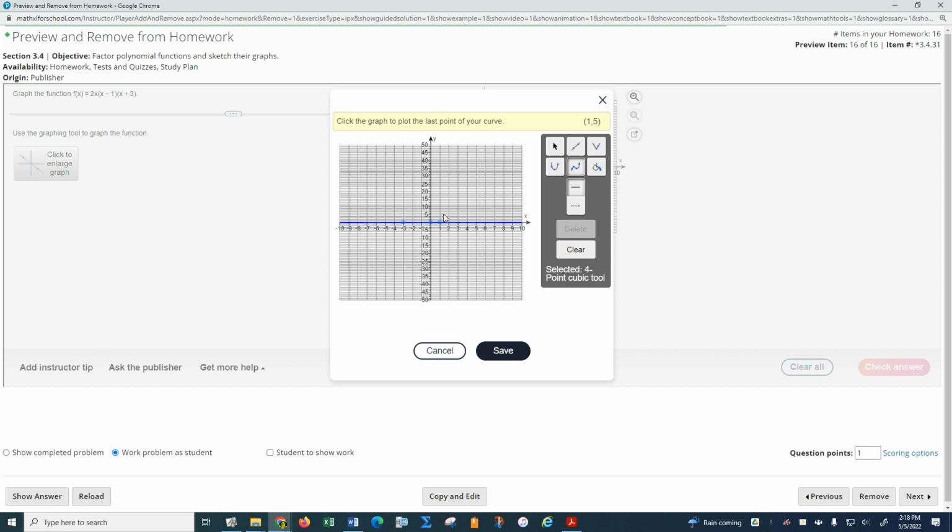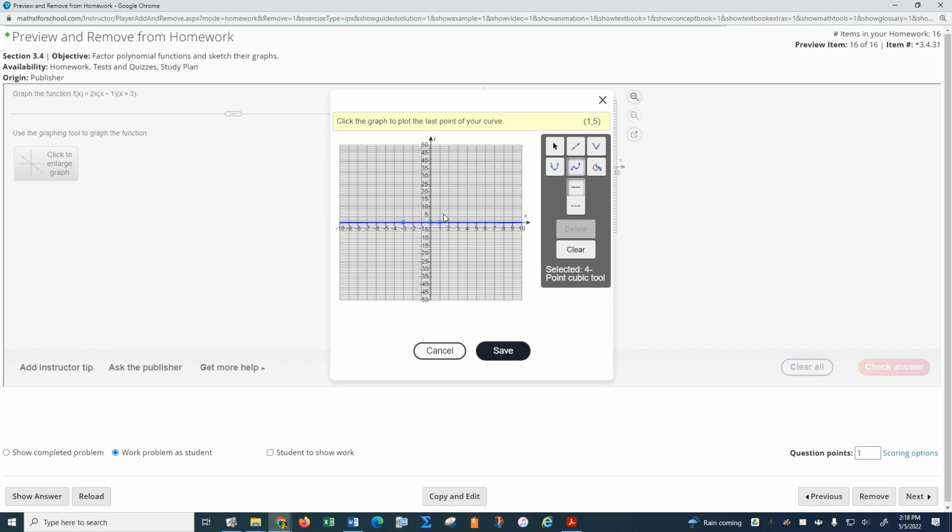So my function is, and if you want to write this down on your scratch paper, here's the function in case you can't see it. Our function is f of x equals 2x times the quantity x minus 1, times the quantity x plus 3, okay? We want to be able to find one other point, because I've got my 3 x-intercepts on there, but let's think strategically about this.